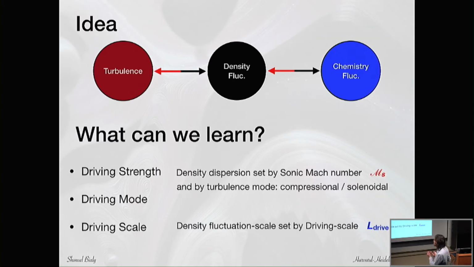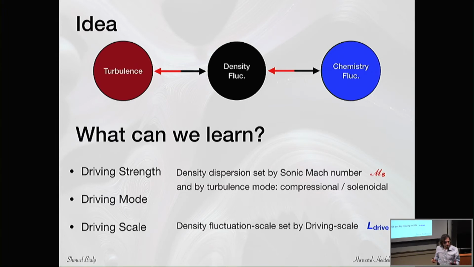So what can we actually learn? In this talk, I'll mainly concentrate on this route of using the density fluctuations, and two parameters are very important for this study: the Mach number and the driving scale of turbulence. And this is related to what we can learn: the strength of the turbulence in the ISM and the mode. When I say strength, I mean things like density, things like velocity dispersion, and mode is whether it's solenoidal or compressible.